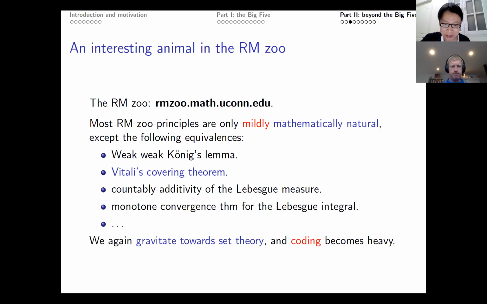Okay, so it's very interesting that the same theorem, if formulated with codes, is a very weak system, but without the coding, it becomes very, very strong. Very interesting.